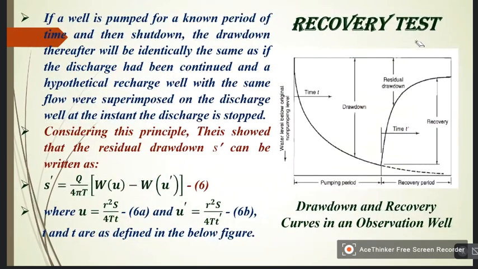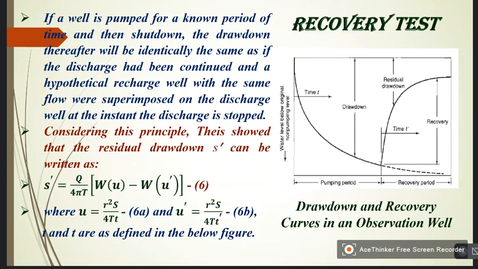So if a well is pumped for a known period and then shut down, what will happen? This is the water level. Now when you start pumping, the water level will go down. At different times, the drawdown will increase.